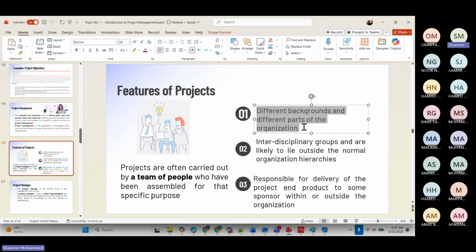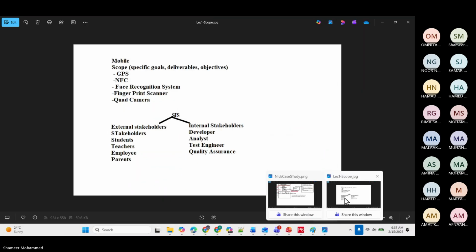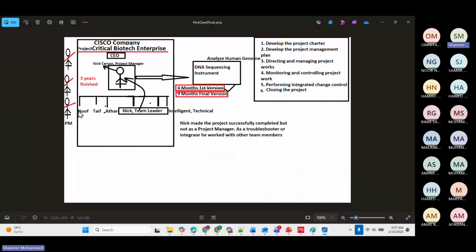They are from different companies, they will join. So here, what I am showing you is that Noof is from a different background. She is specialized in security. Taif is specialized in programming. Atari is specialized in database. Another person, Nick, is a manager.